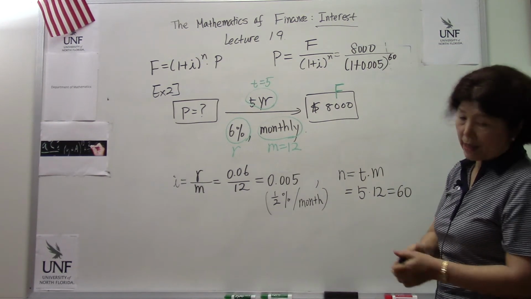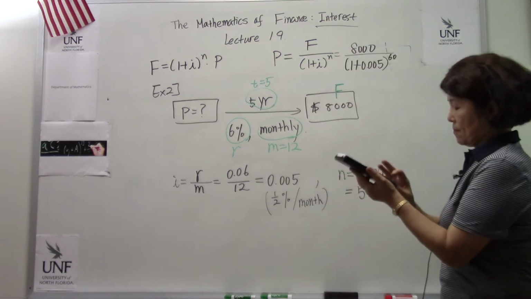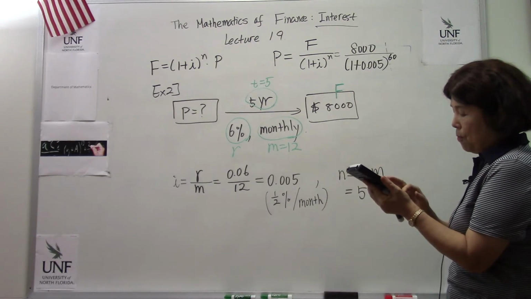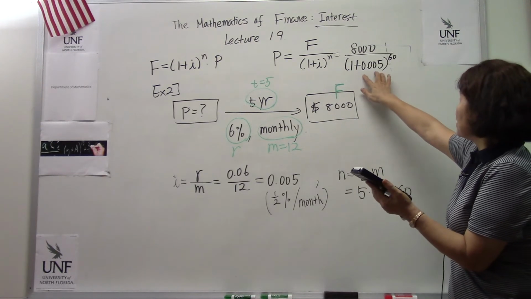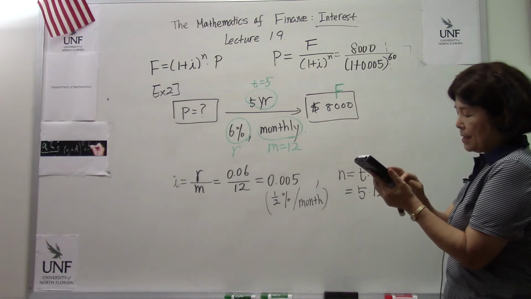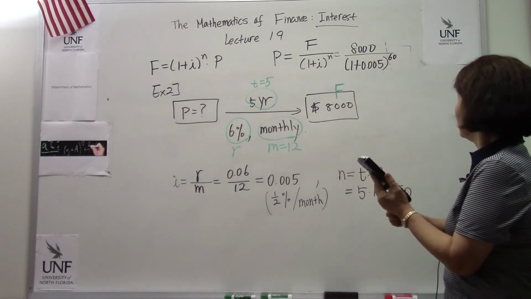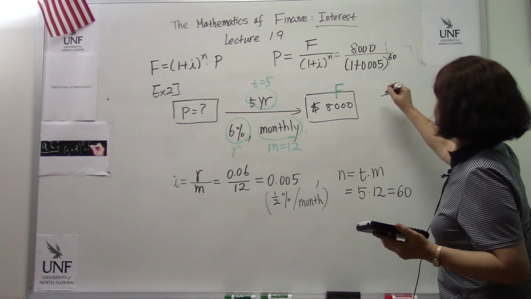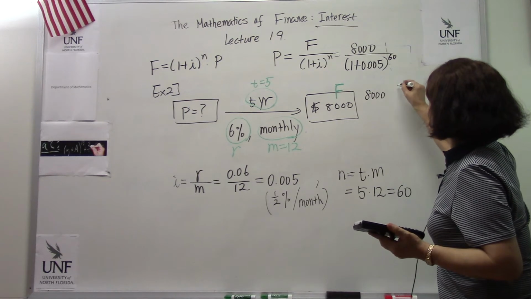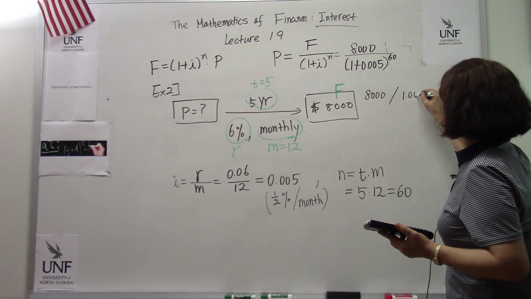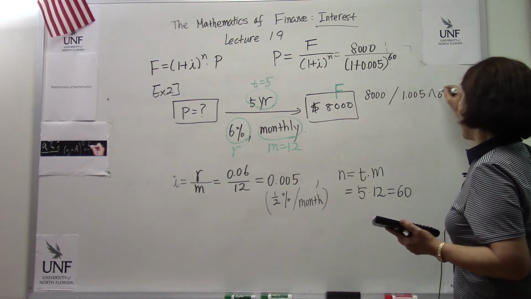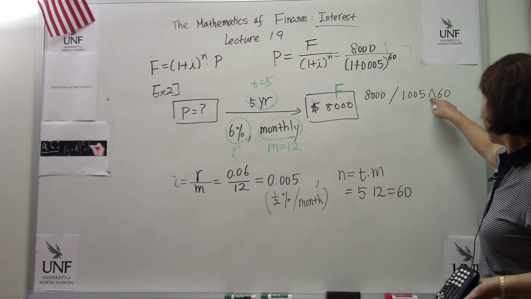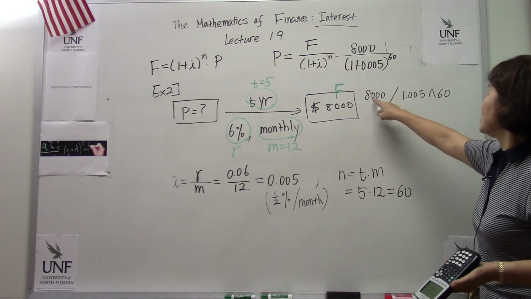So calculate this: 8,000 divided by 1.005 to the 60th power. On your calculator, you can avoid all these parentheses, because the power is applied to only this, and then you divide.